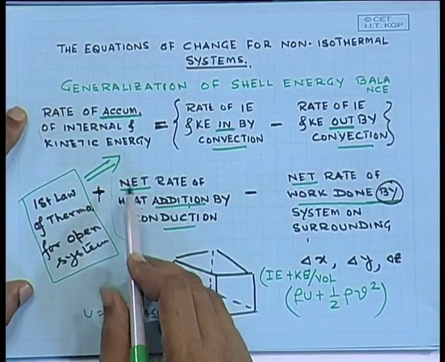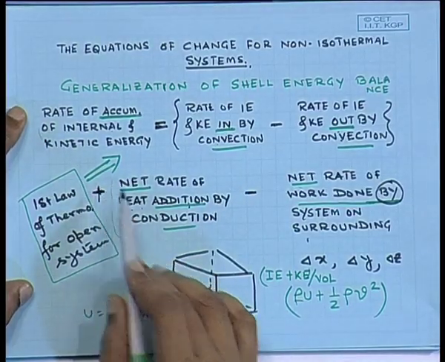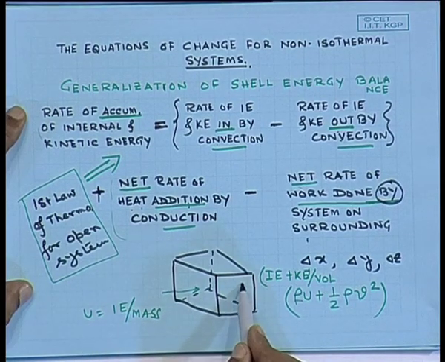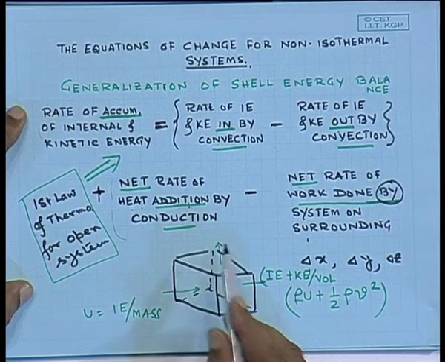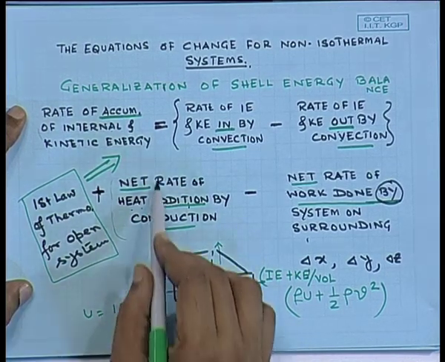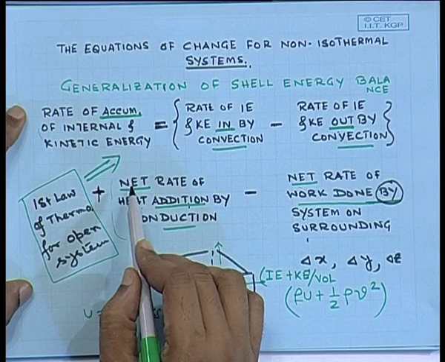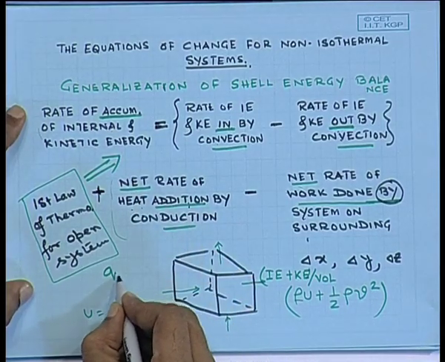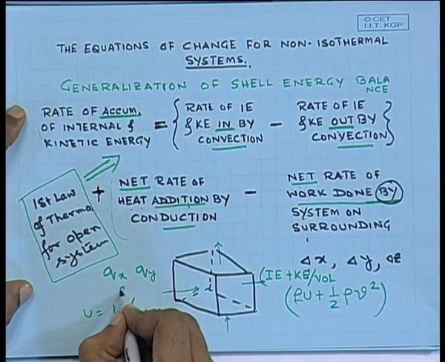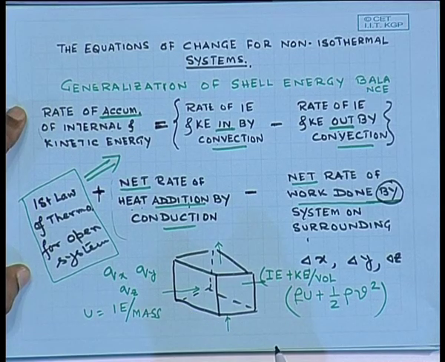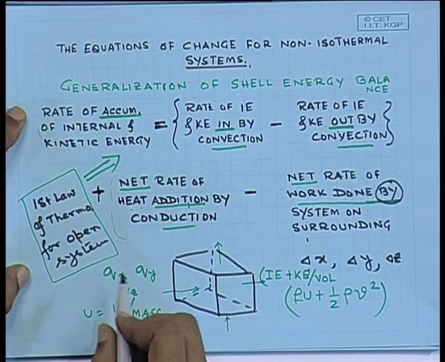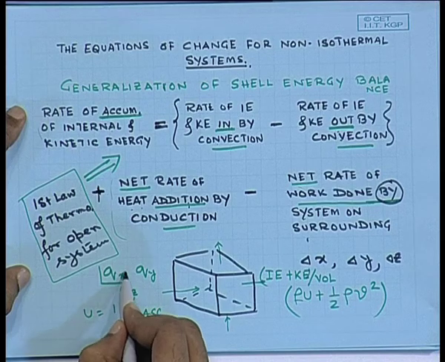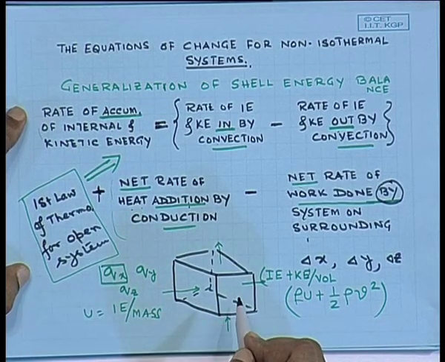So, this can also be evaluated as the algebraic sum of heat being added at x, being taken out at x plus delta x, at y, y plus delta y, and at z. So, 6 more terms will appear here, all terms containing Qx, Qy and Qz multiplied by the proper area. If you think carefully, through the introduction of these terms, I am introducing the temperature gradient.